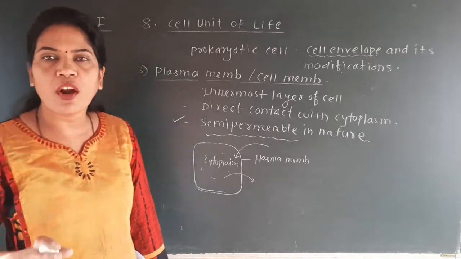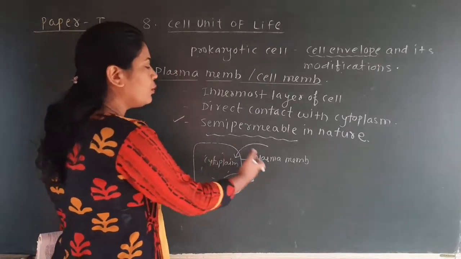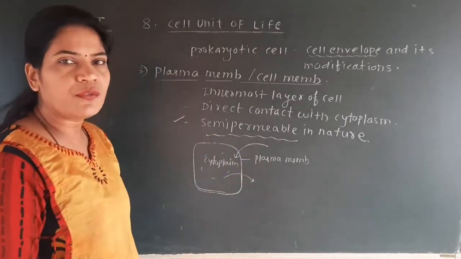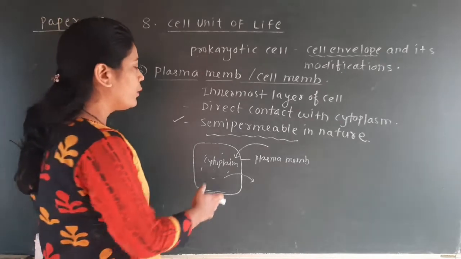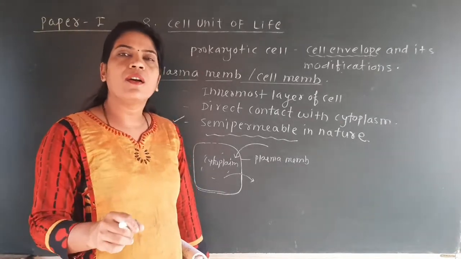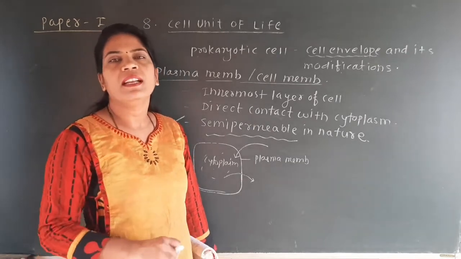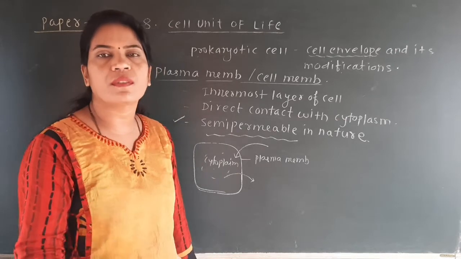That means it does not allow all the substances from the cell to move outside, or all the substances from outside to come into the cell, because it allows only some particular molecules to come inside or go outside the cell.